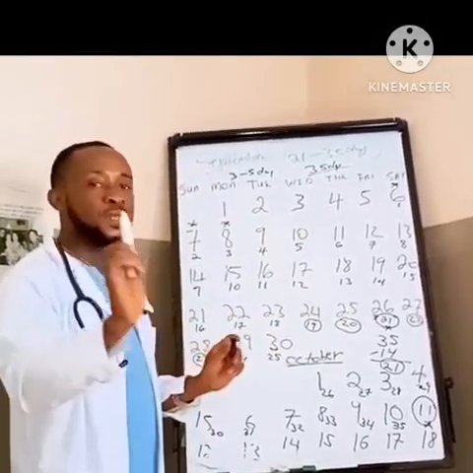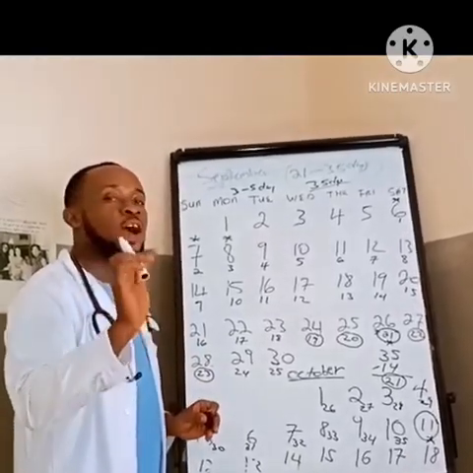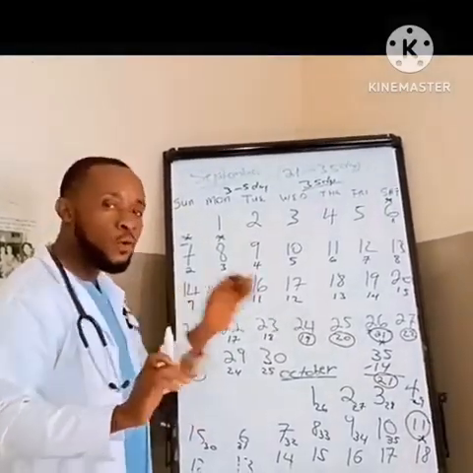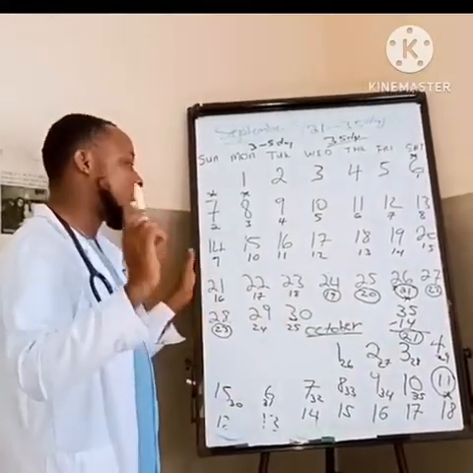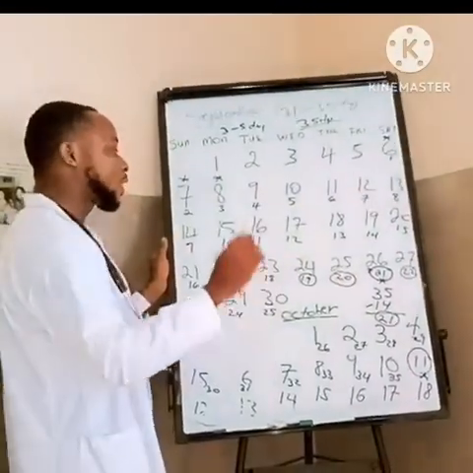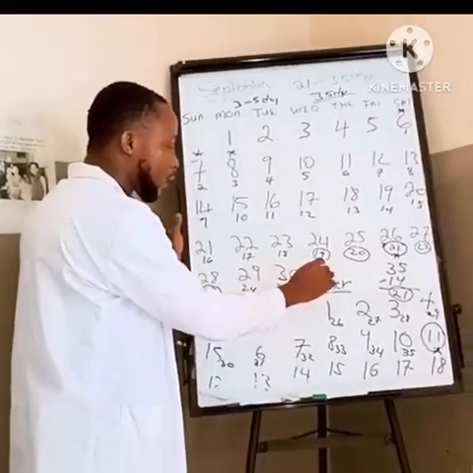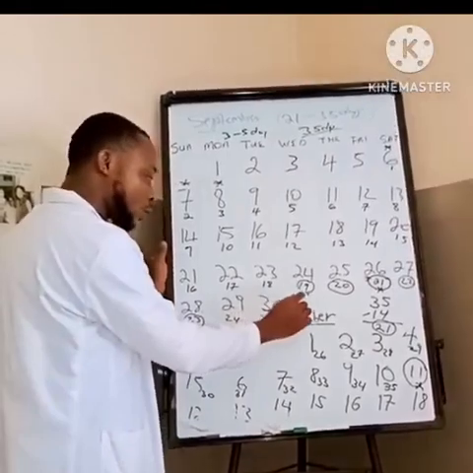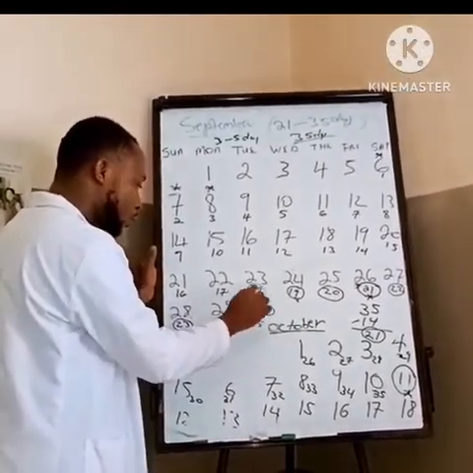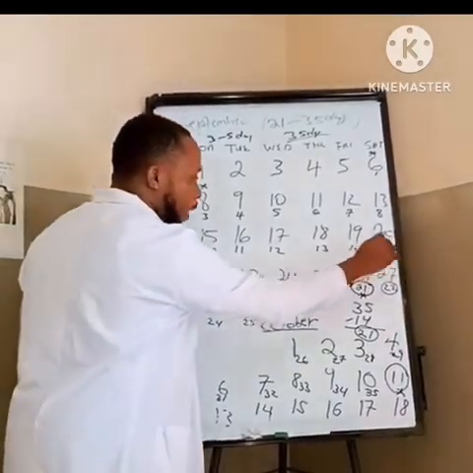Another possibility, again, as we said, is the 5 days before her ovulation period. So beginning from the first day of her ovulation period, which is the 19th day, this is day number 1. Consider 1, 2, 3, 4, and 5.